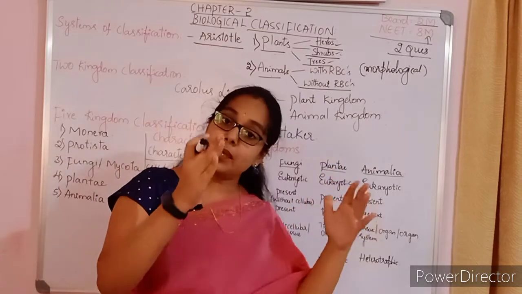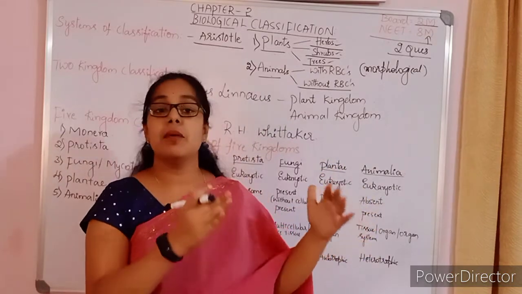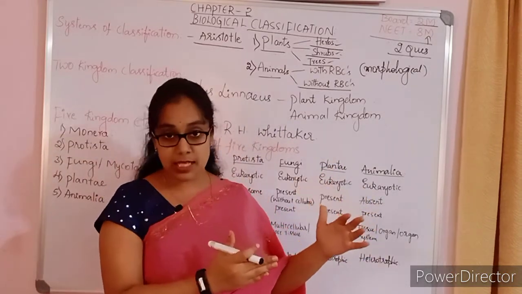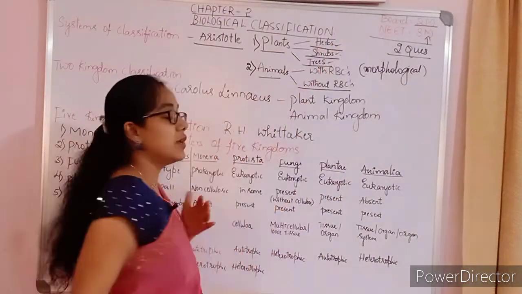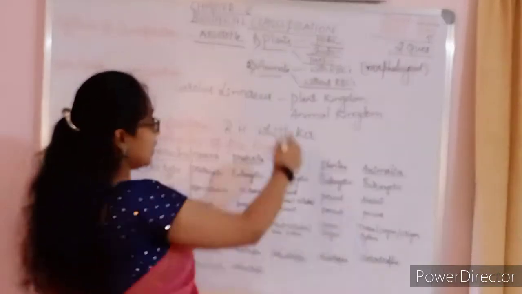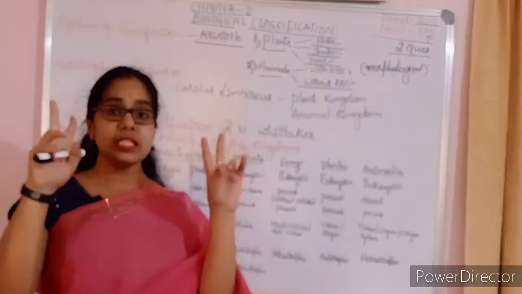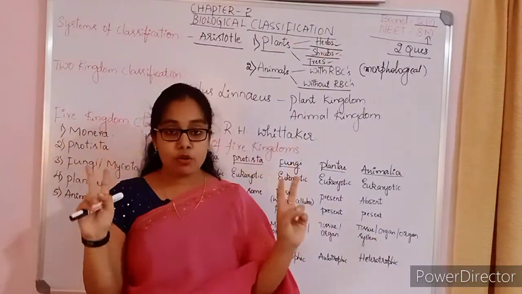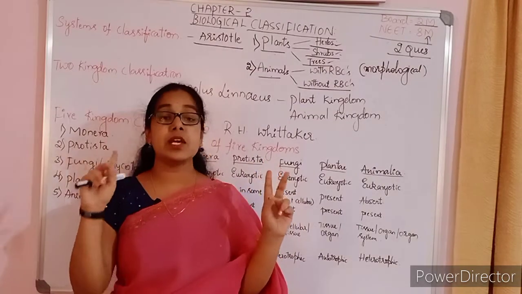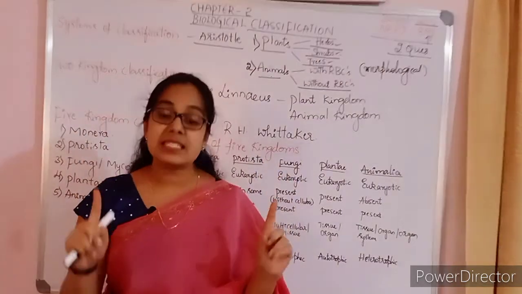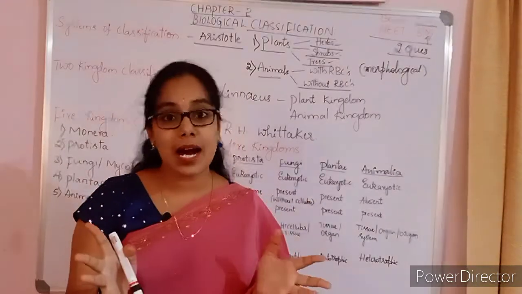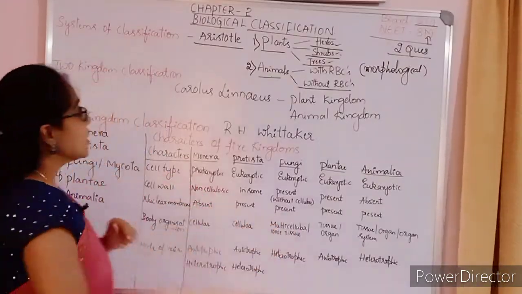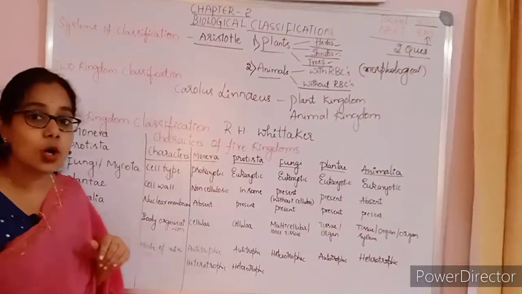Again in plants, based on height, he classified plants into 3 different categories, which are written here: herbs, shrubs as well as trees. Coming to animals, again we come across 2 categories: one with RBC cells, and the second category is animals without RBC cells. So this is about Aristotle.